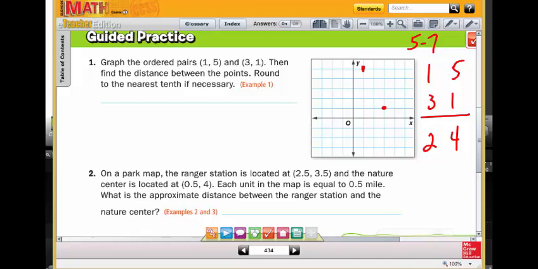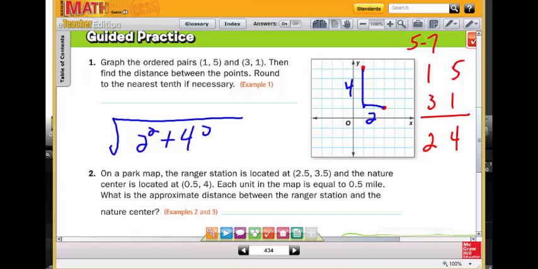If we then use these 2 legs, we should recognize that we have a leg here of 1, 2, 3, 4, a distance of 4, and here we have a distance of 2, so our legs are correct. So we can use the formula, the square root of 2 squared plus 4 squared.